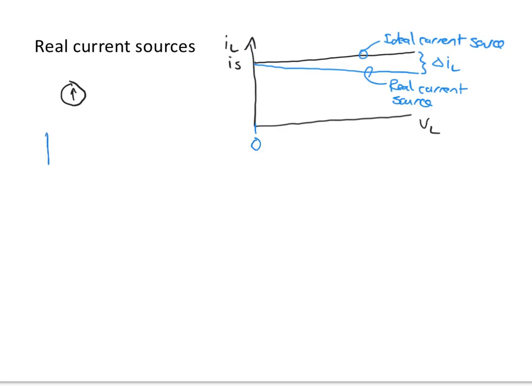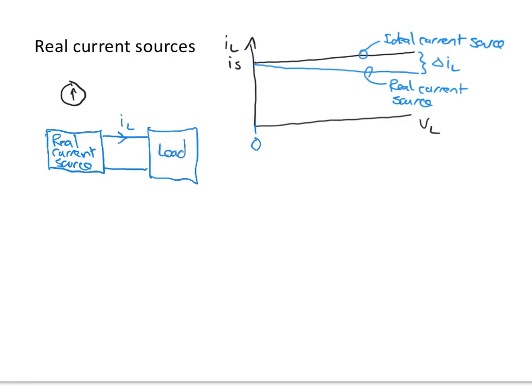So if we have a real current source and it's connected to a load, and we've got a voltage VL across it, then for the maximum current to appear across the terminals, we would have to short circuit it.